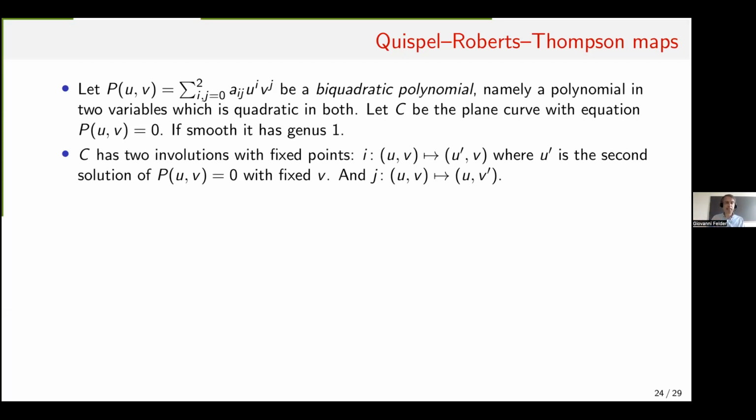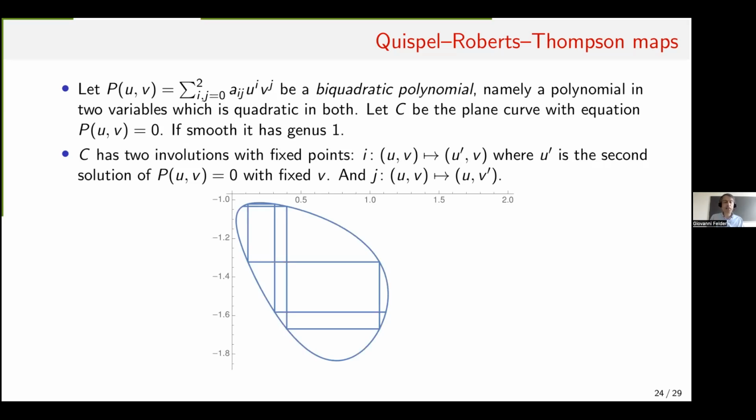Since we have a quadratic equation, these lines will intersect our curve in 2 points, right? So we have again two involutions. Namely, the first involution will map u and v to u prime and v, where u prime is the second solution of this quadratic equation with fixed v. It has two solutions, and the same for v.